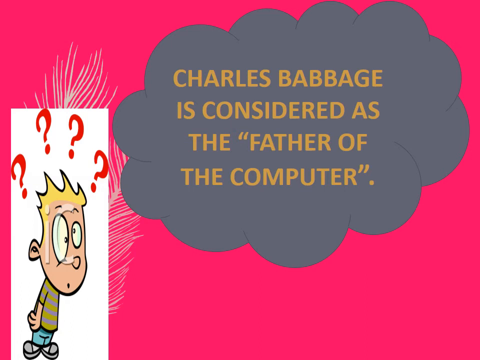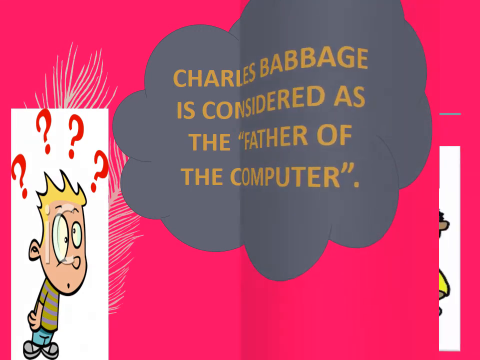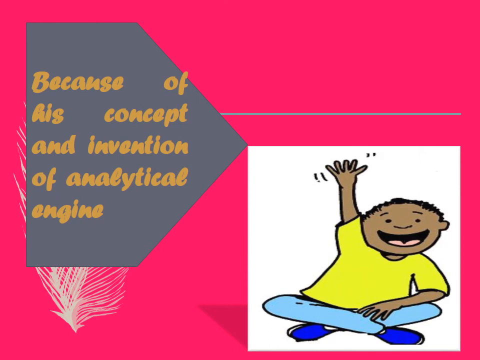Now everyone is aware that Charles Babbage is considered as the father of computers, but what was the reason behind this? The reason was because of his concept and invention of analytical engine. The invention of analytical engine plays a very important role in the field of computers. So that's why Charles Babbage is known as the father of computers.